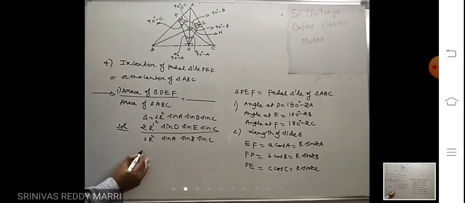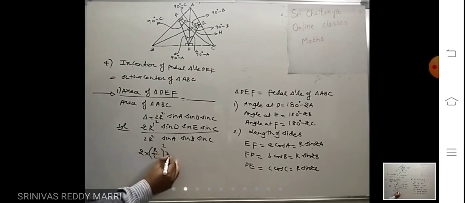You know, 180 minus 2A. R dash is what? For the pedal triangle, R dash is nothing but R by 2, whole square.